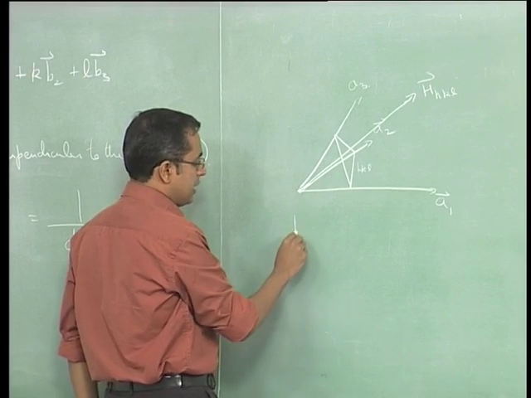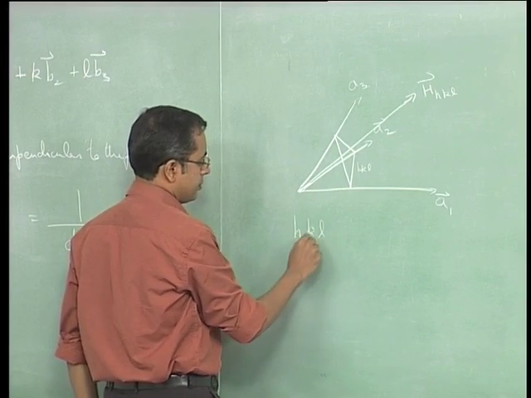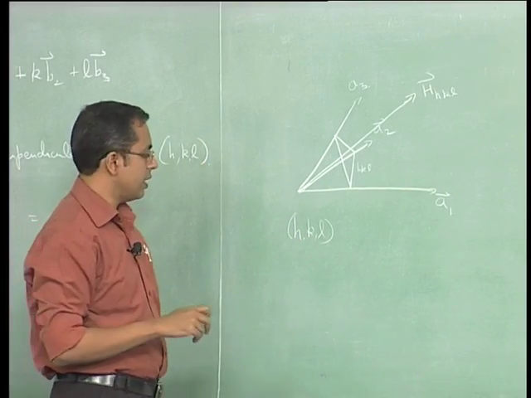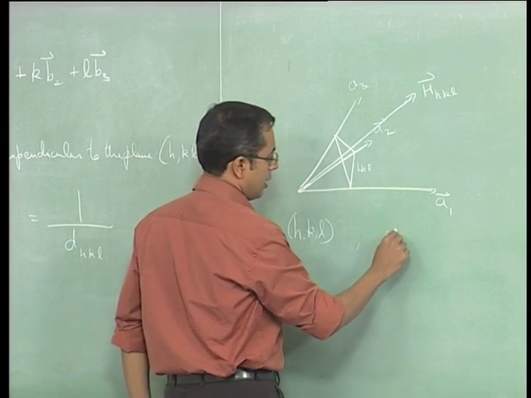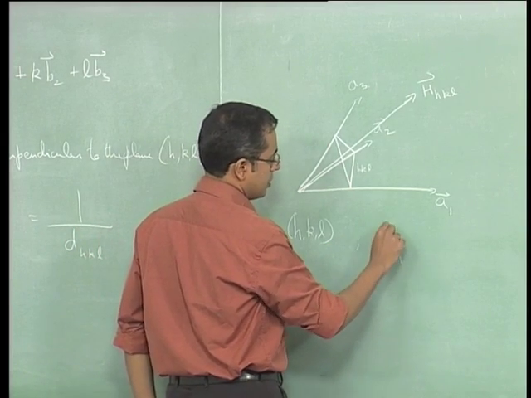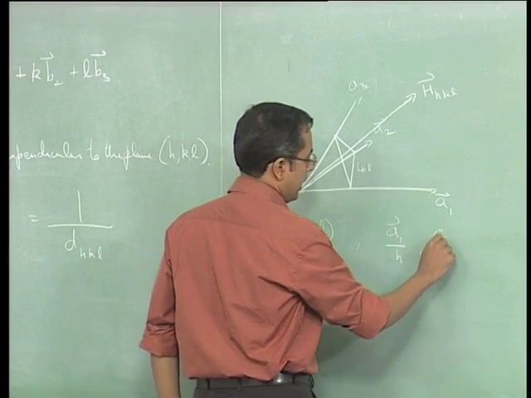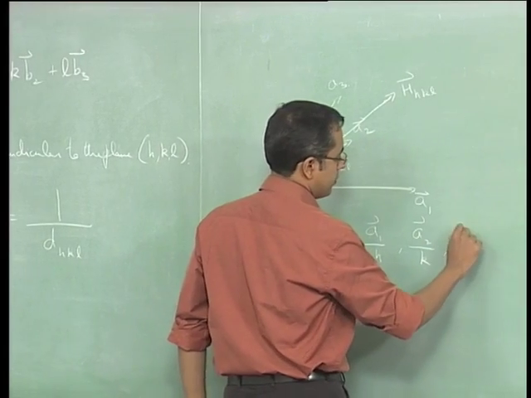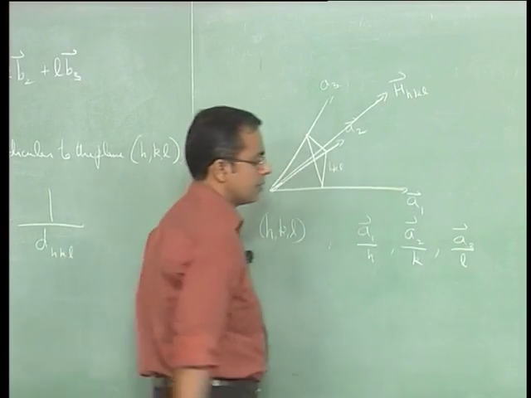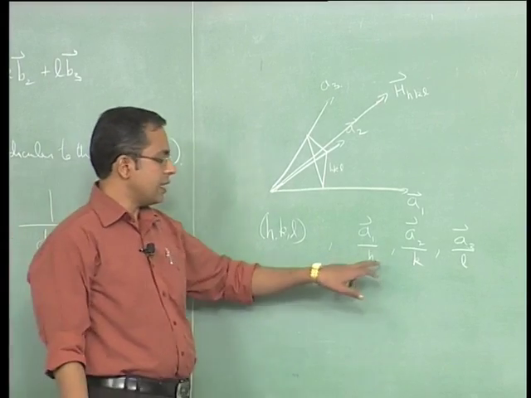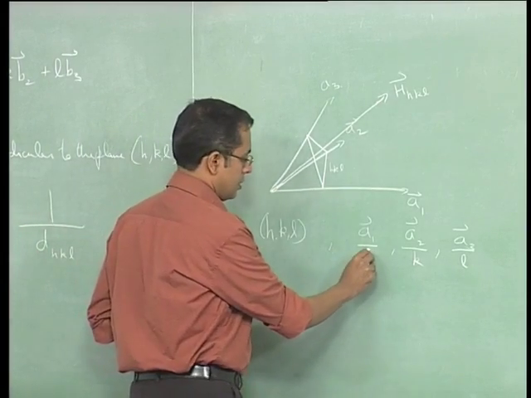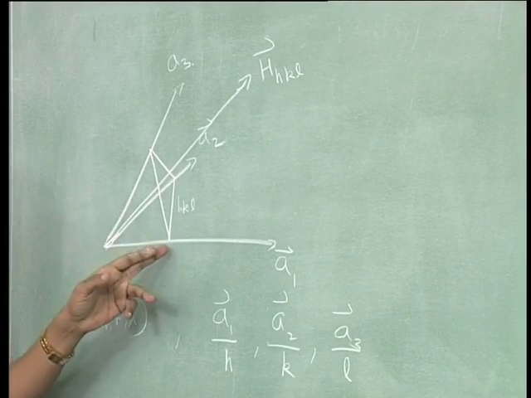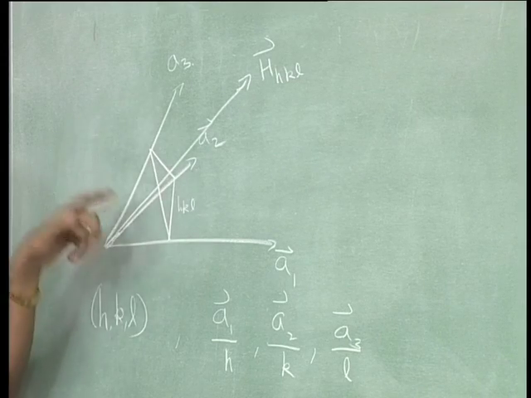Now by definition of the hkl plane, its intercepts along a1, a2 and a3 are simply a1 by h, a2 by k and a3 by l. So these are the intercepts, only because the plane hkl happens to intercept a1, a2 and a3 at those locations.